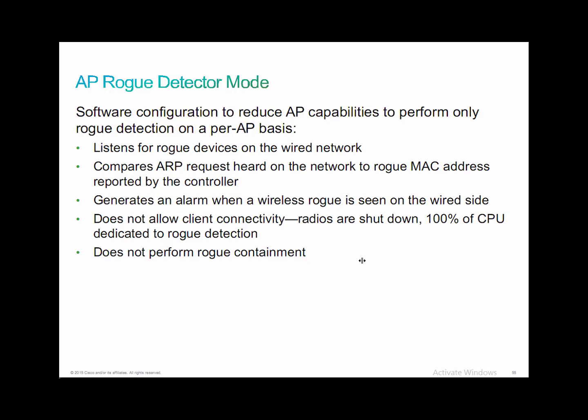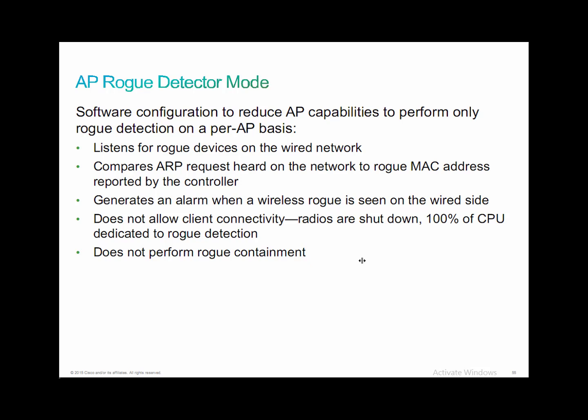Okay? If layer 2 addresses are matched, if we find a match, the controller generates an alarm that's going to identify that rogue AP or rogue client as a potential threat, and then we can take further action based on that. Okay?